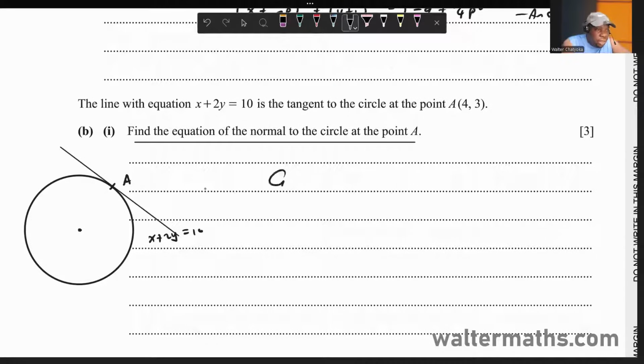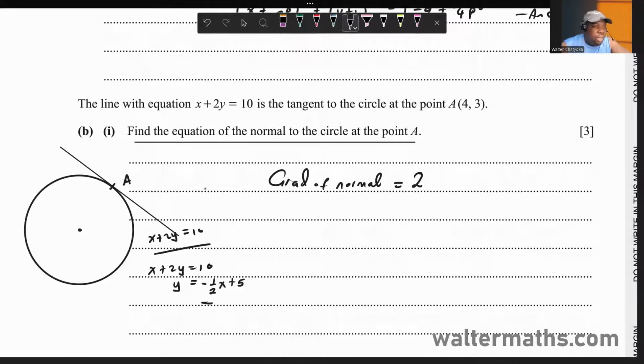So the gradient of the normal: you see how we have x + 2y = 10, and that can be written y = −½x + 5. So the gradient of the tangent is −½, which means the gradient of the normal should be −1 over −½, which is 2.